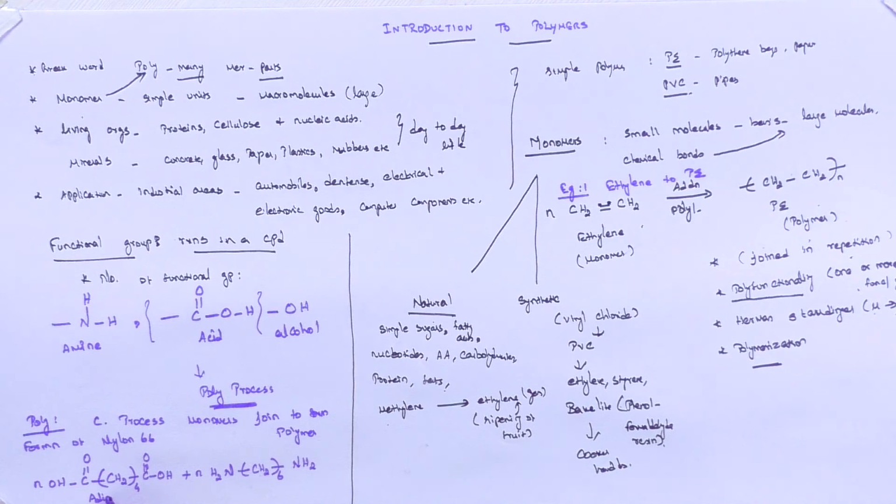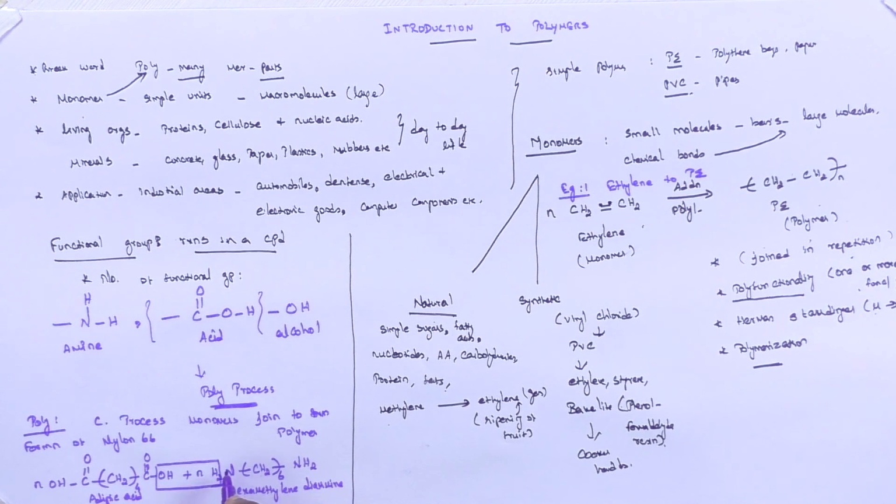So this is adipic acid and this is hexamethylene diamine. So what happens here? There is removal of one of the hydrogen atoms. I am writing this as NH. One hydrogen atom will be removed. The OH here will be removed, and one of the hydrogens will be removed.